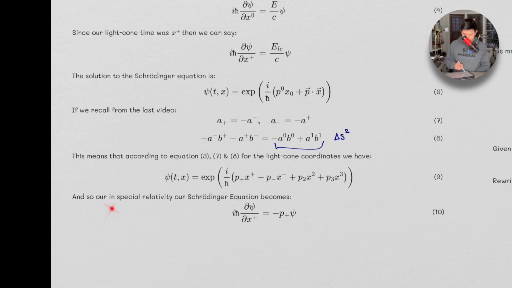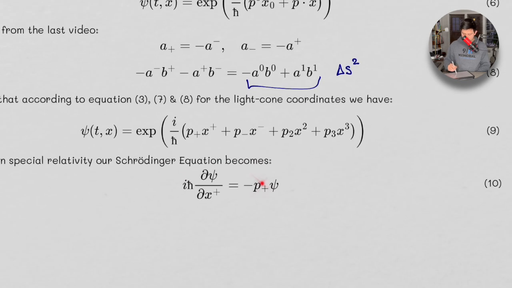And so in special relativity, our Schrödinger equation then becomes this right here, right? So the eigenvalue now is the momentum, the plus momentum, the negative of that.